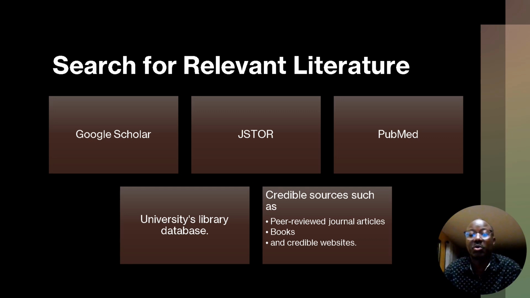You got JSTOR, PubMed, universities' library databases. Then you have credible sources such as peer-reviewed journal articles, books, and credible websites. Some credible websites would be American Diabetes Association, the Center for Disease Control and Prevention website, World Health Organization website. Those are some credible websites.